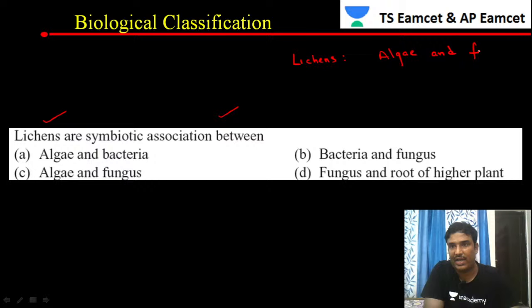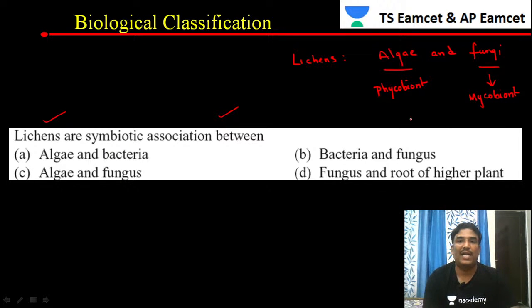The algal partner is called phycobiont, and the fungal partner is called mycobiont. So lichens are symbiotic association between algae and fungi. Option C will be the answer in this case, students.